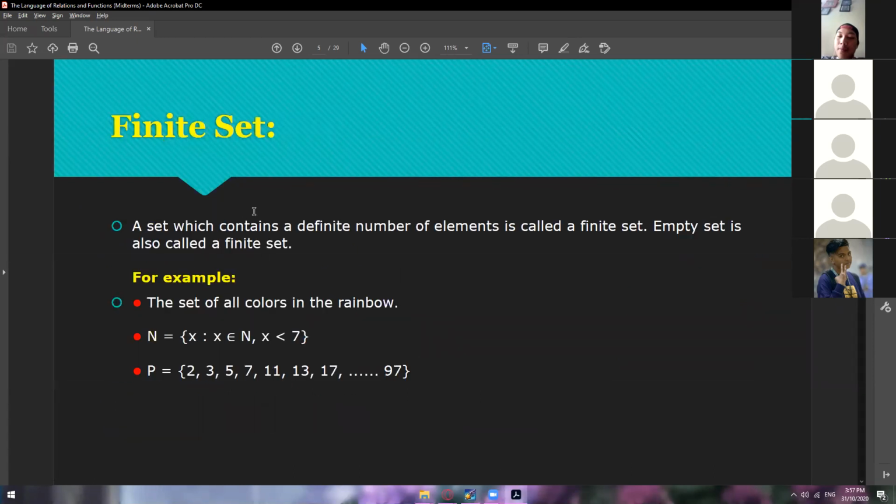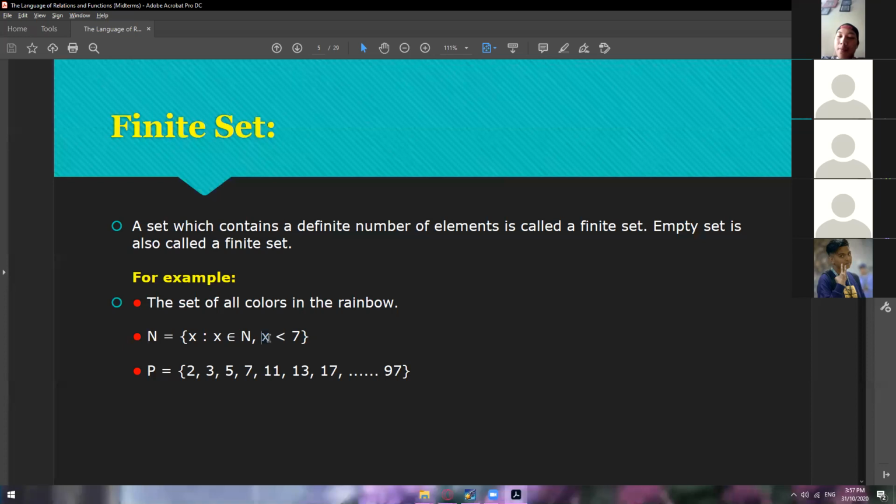All right. So moving on, finite set. So ano say finite, meaning you can count the elements inside of that set. Right? So, for example, the set of all colors in the rainbow. So, lahat naman ng colors dun sa rainbow is masasabi mo kahit 100 pen or kahit 150 pen or kahit 1 million pen. You can still count it. Okay? Next one is set n, wherein set n is an element of natural numbers.